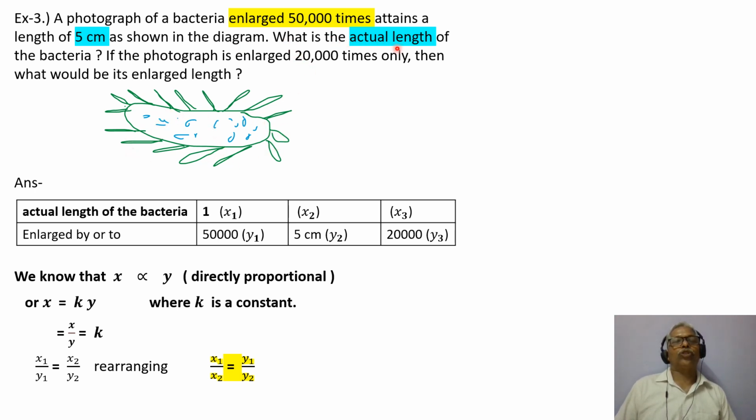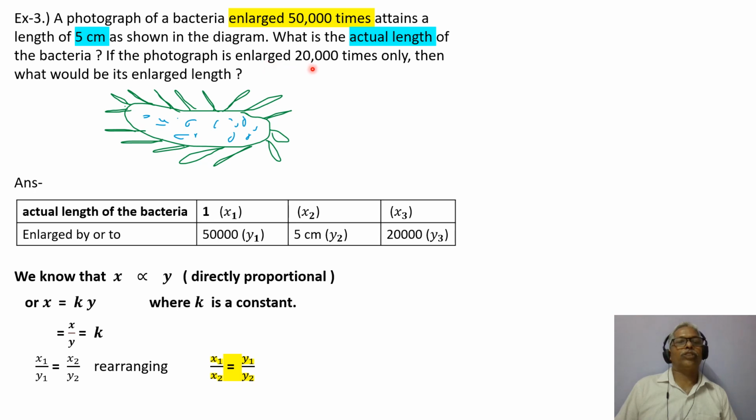What is the actual length of the bacteria? Actual length is something different. After magnifying it 50,000 times, it requires a count of 5 centimeters. Okay, got it?